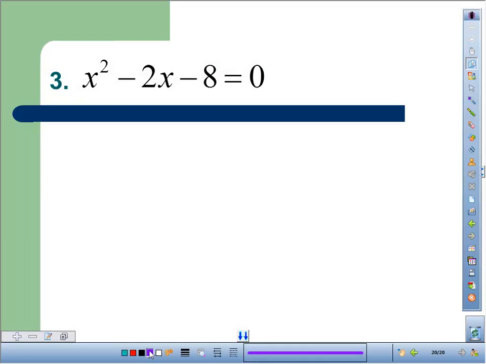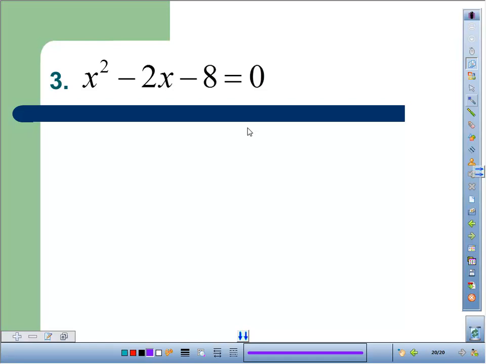Okay, so let's use it. This was that first one, and we already figured out the answers were 4 and negative 2. We're going to use the quadratic formula on it this time. I know factoring is by far the easiest way to solve any of these. If it factors, factoring is the quickest. I can factor in my head and know that it's negative 4 and positive 2, therefore set equal to 0 the answers are 4 and negative 2.